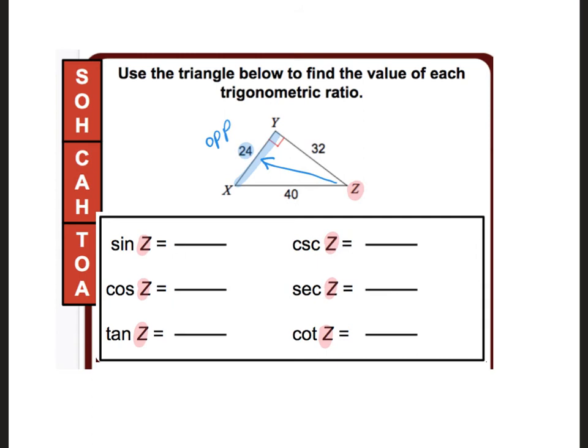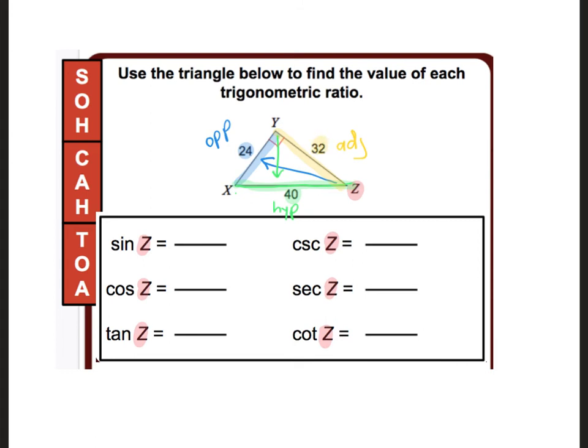Your hypotenuse is the one across from your right angle, or your longest side, which in our case is 40. That's going to be your hypotenuse. And then your adjacent is whatever's left. It's the one that is next to your angle that you're working with, but is not your hypotenuse. So 32 is going to be your adjacent side.